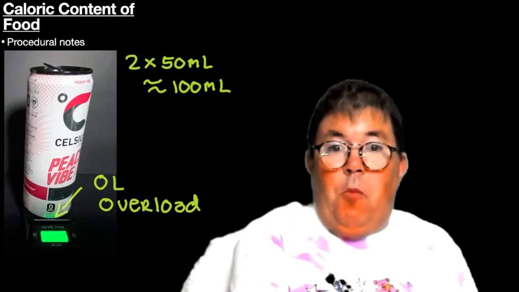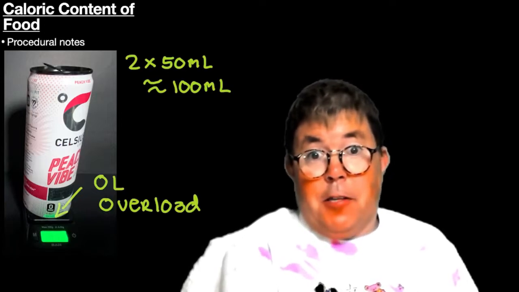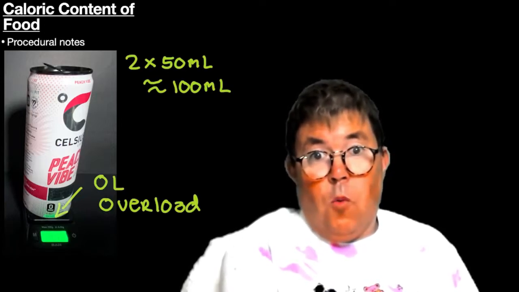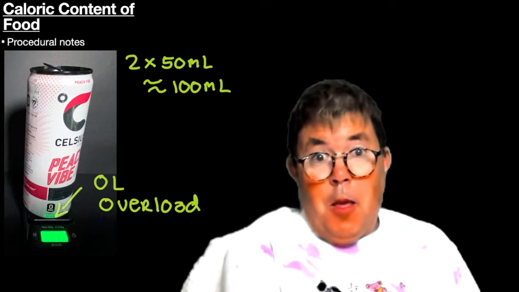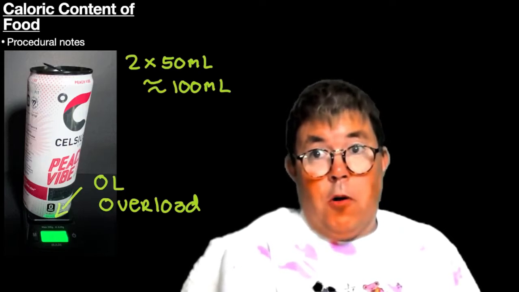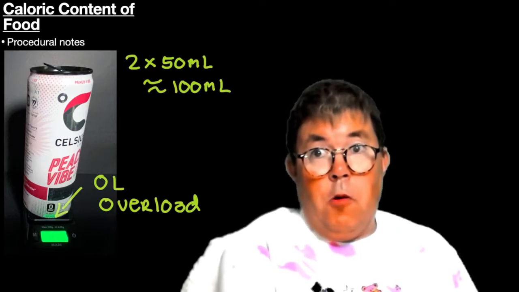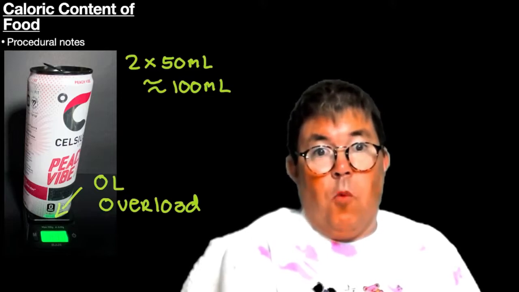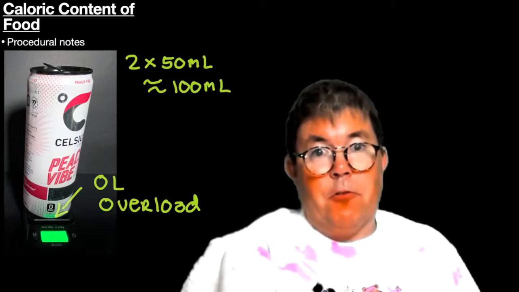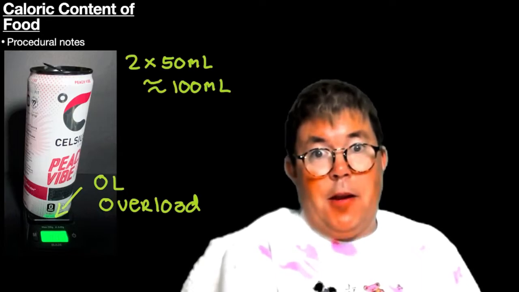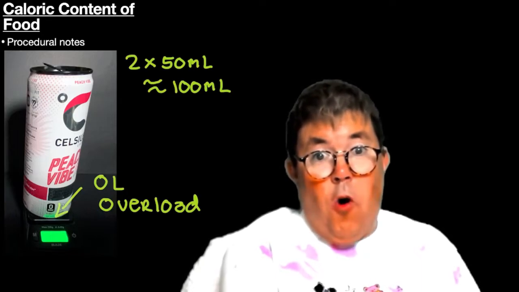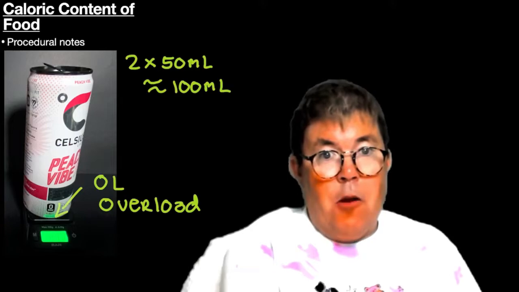The maximum weight the balance can measure is 100 grams. The density of water is 1 gram per milliliter. 100 milliliters of water weighs approximately 100 grams. Add the weight of the can, and we are over 100 grams.